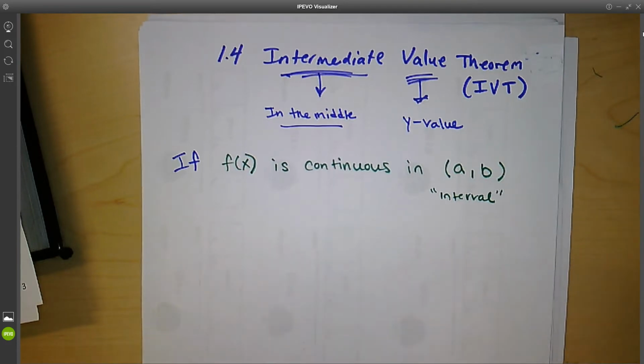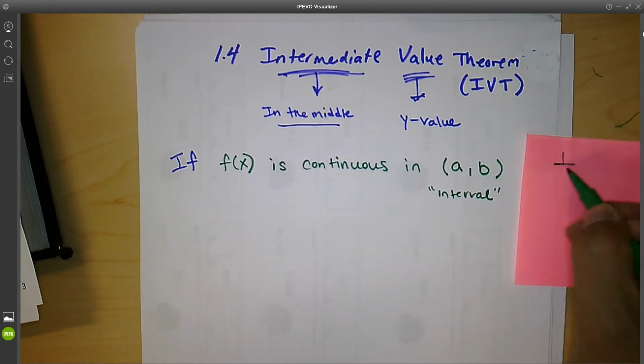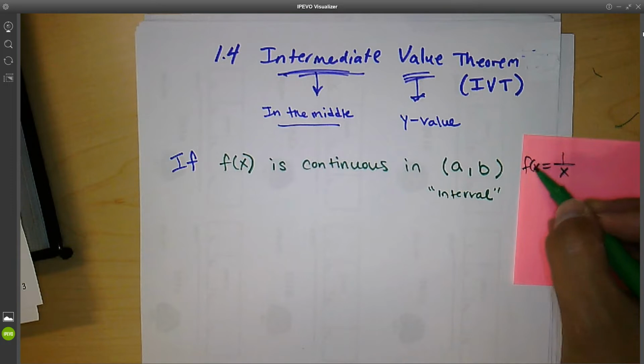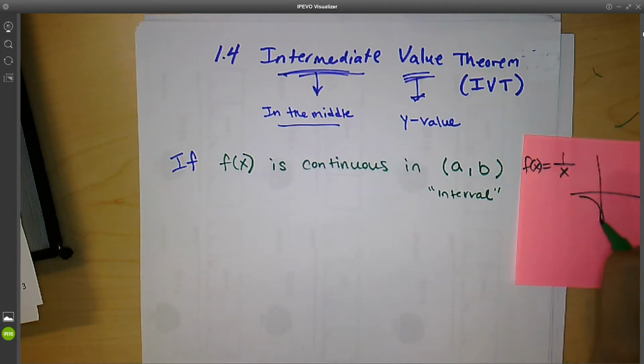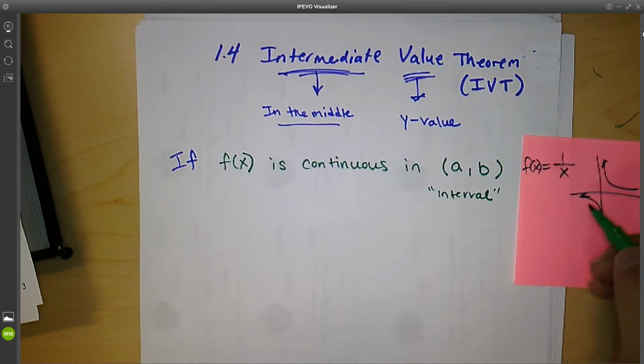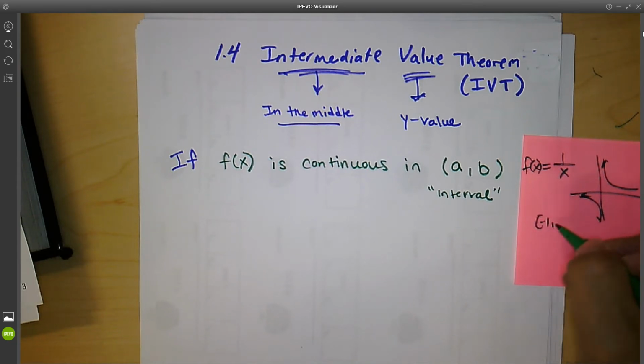So say you guys have the 1 over x function. It's not continuous at 0. So if we were to have an interval from -1 to 1, we will not be able to use the intermediate value theorem. But if we were at 1 to 7, that's fine.